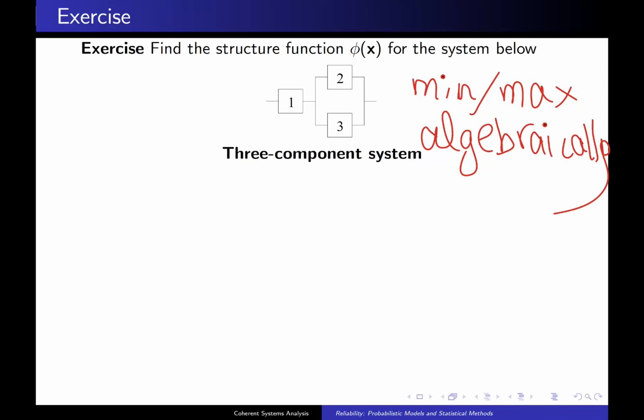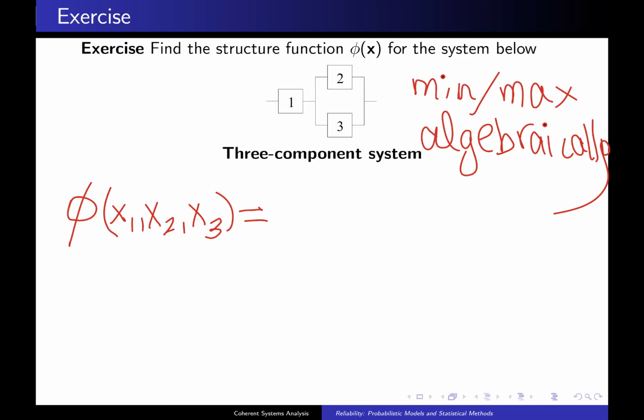So let's start out with the algebraic version of this. We say phi of x, and I could write out the components here. It's really x1, x2, x3. Or you could also have put x in boldface or drawn a line over it.